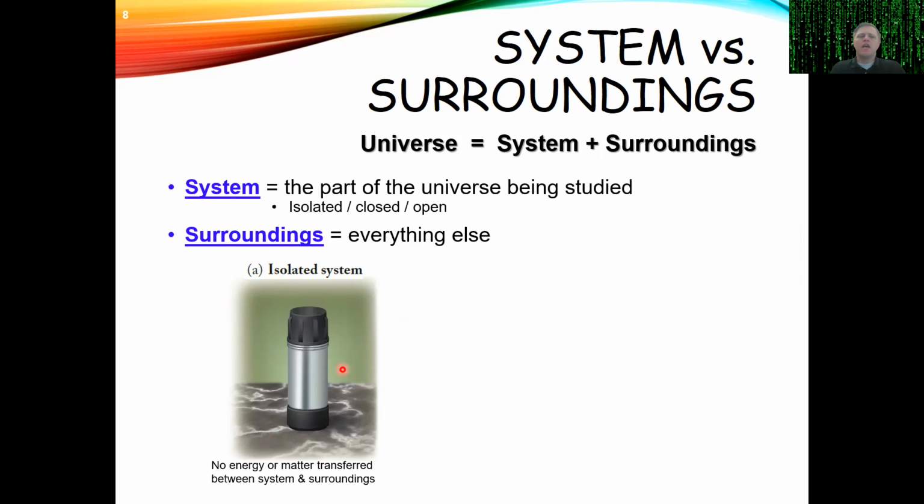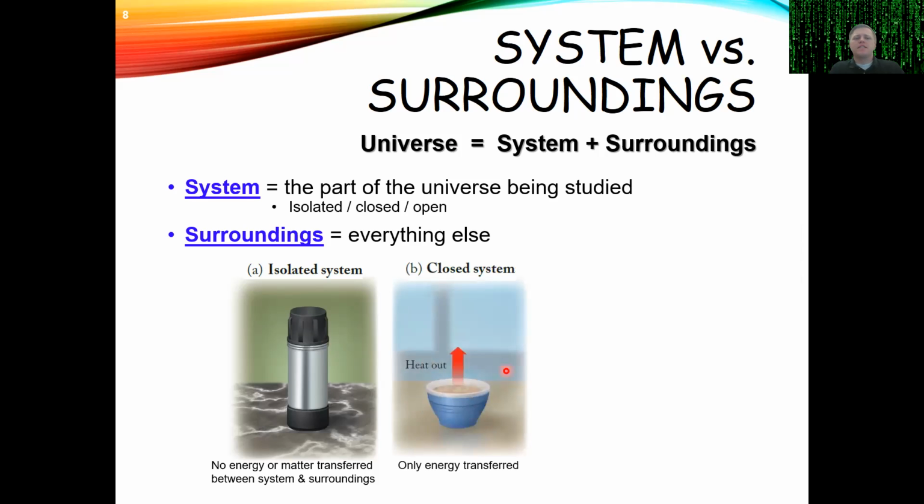Now in real life, there's never a perfectly isolated system. So if I put hot soup in this thermos, unless I left this thermos on my counter for a couple weeks, then the soup inside would obviously get to the same temperature as the surroundings. But we can often make isolated systems well enough that we can say they're approximately an isolated system.